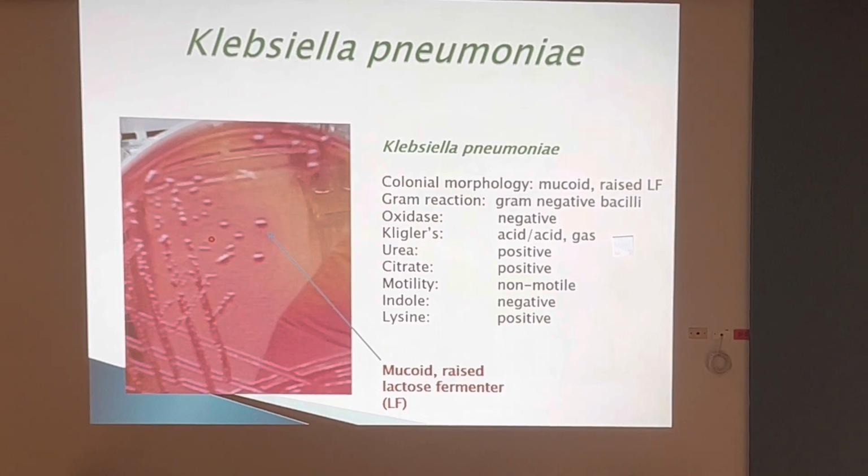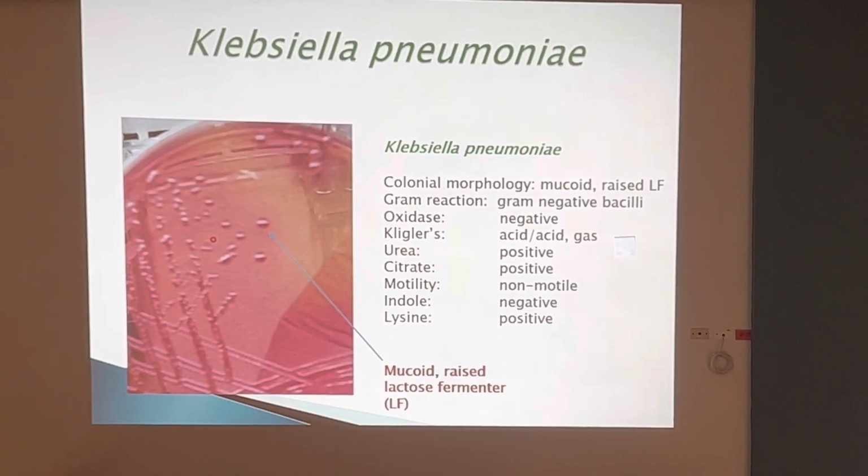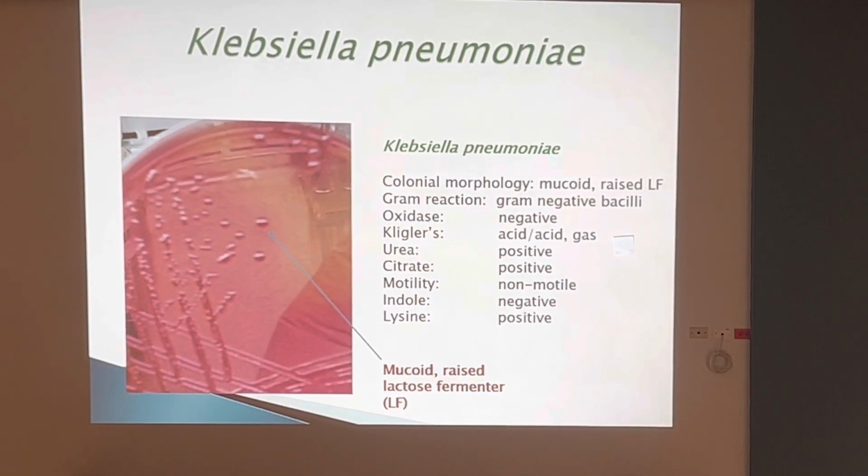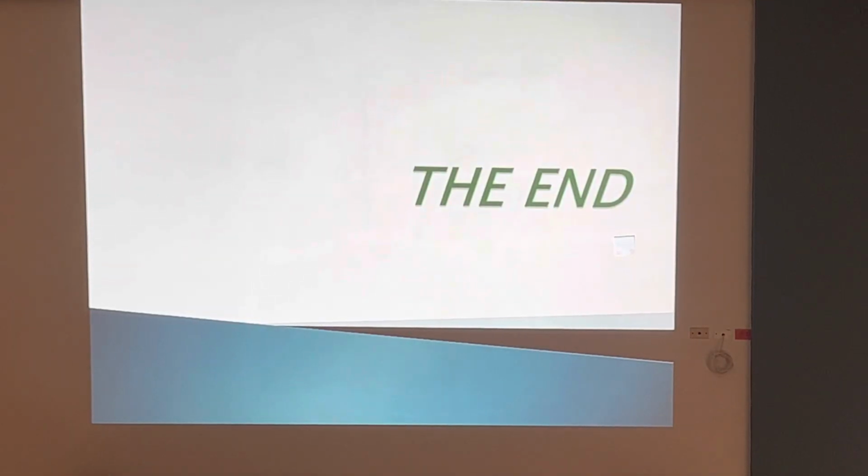So whereas E. coli is flat, dry lactose fermenters, your Klebsiella is mucoid raised lactose fermenters. Pink on your MacConkey's agar, and you can see that they look a little bit more shiny. They are also raised. So mucoid raised lactose fermenters, also gram-negative bacilli, also oxidase negative, and the different pattern of your biochemical tests will identify your Klebsiella pneumoniae, also your Enterobacteriaceae, and that is a big factor.